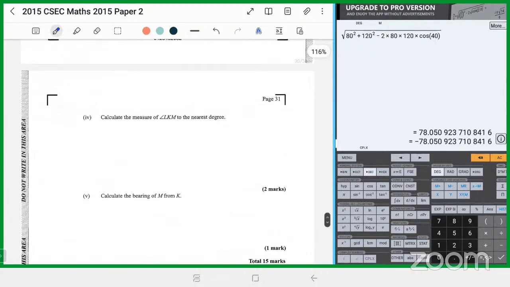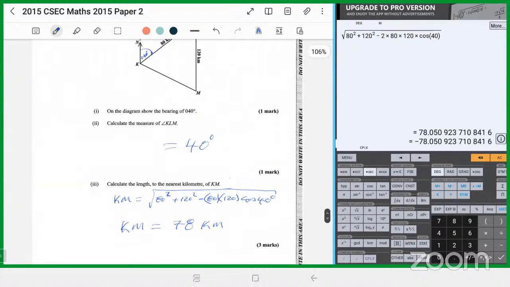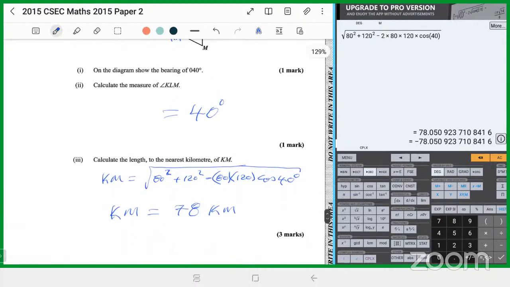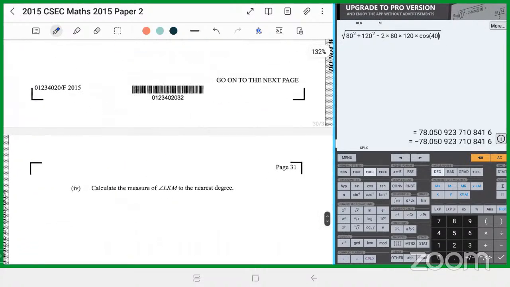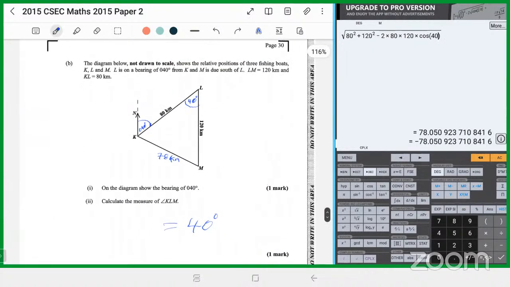What else do I want? Calculate the measure of angle LKM. Let's put on what we want there. This distance is now 78 kilometers right here. Which angle do I want? Let's say angle LKM. Angle K. The one angle inside here. Let's call it angle alpha for now.